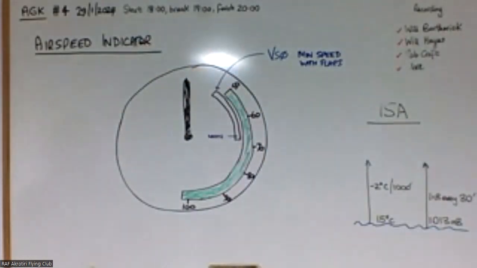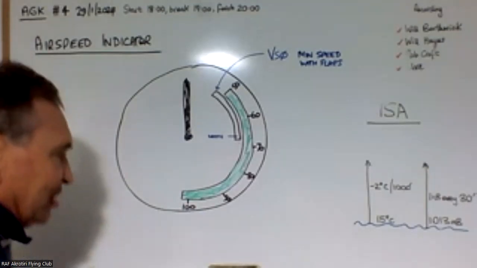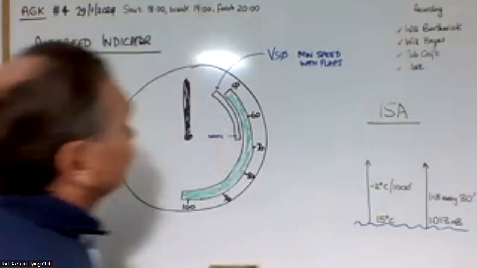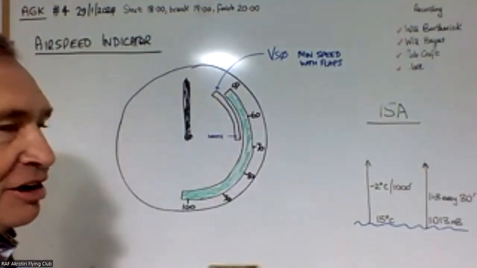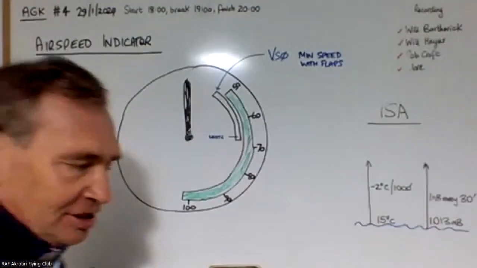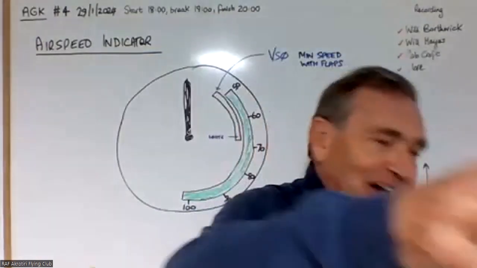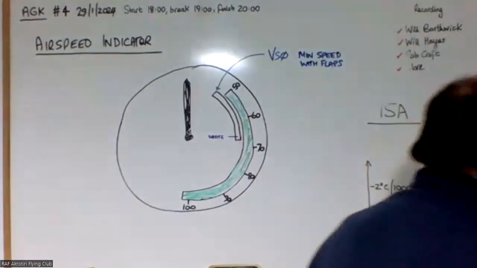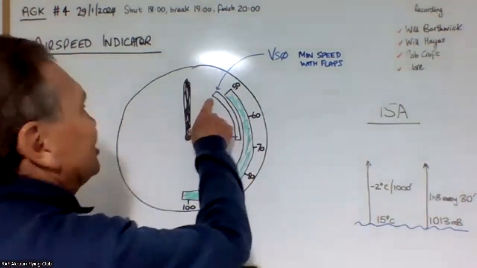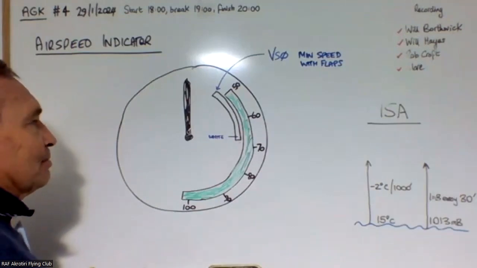How quickly you lose altitude is a function of how much you stall by, and what type of aircraft you're flying. Some planes, if you stall them, you'll definitely be requiring a change of underwear when you land, assuming you survived. But this is VS0, the minimum speed you can fly with flaps.